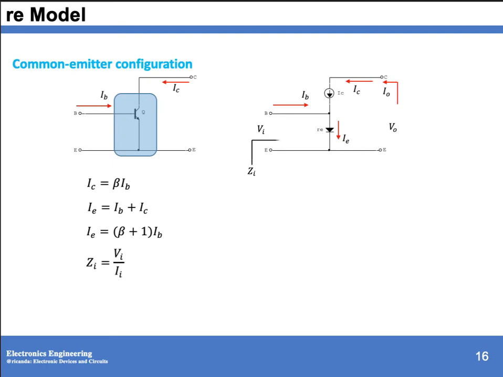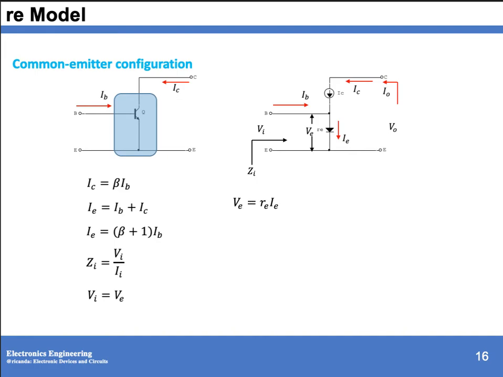So for your voltage input, that is equivalent to your BE. If we have to solve for your input impedance, which is BI over II, that is equivalent to BE over II. But what is BE? BE is equal to RE times IE.